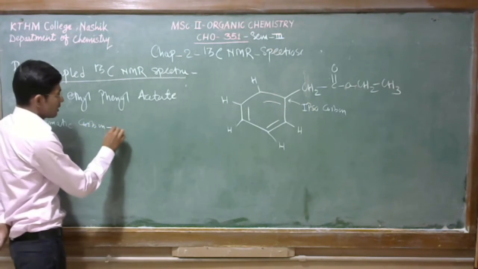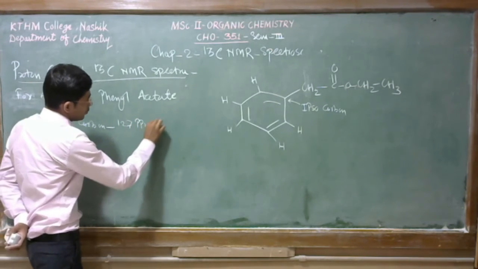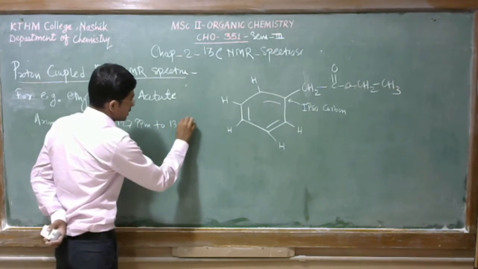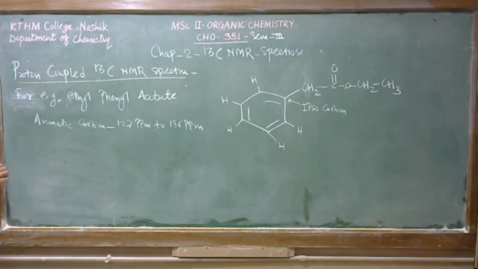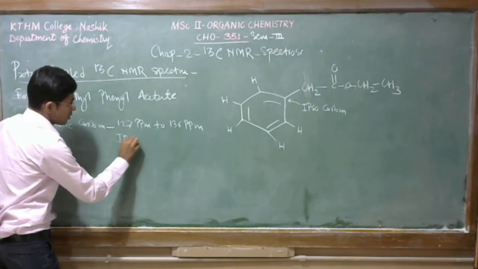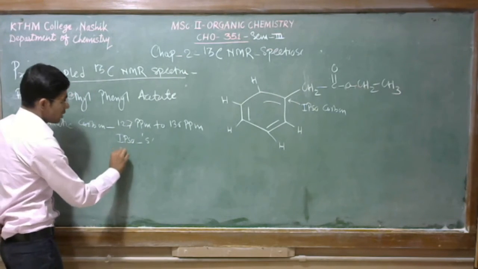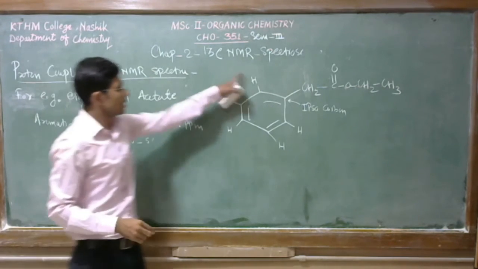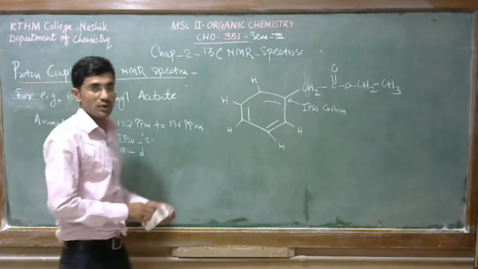For aromatic carbons, we can observe signals from 127 ppm to 136 ppm. For the ipso carbon we observe a signal that is a singlet. For the two ortho carbons, with the same signal, because of one attached proton, that is a doublet.